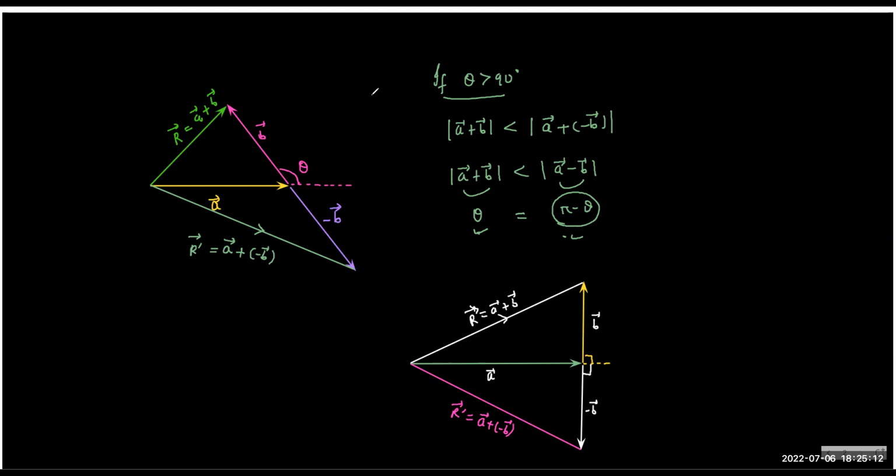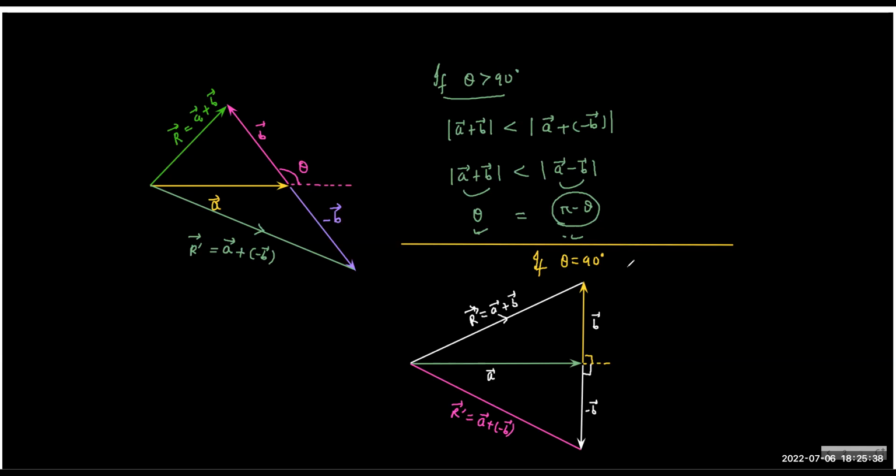So this is the case when theta is 90. So we saw the acute scenario, obtuse scenario. What if we have exactly 90? So theta is 90, so pi minus theta will be also 90. There is no change in angle, right? So length is anyway same and angle is also same.